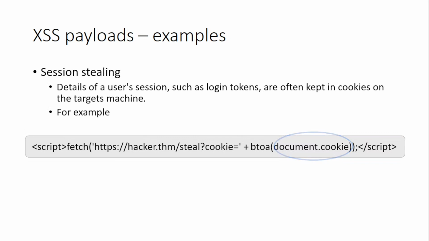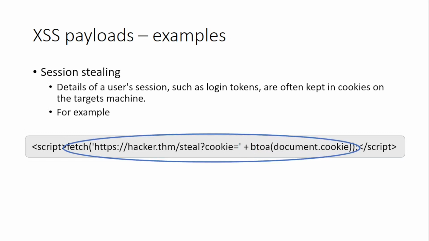Then we put it into the function btoa, which will encode the cookie into base64. Then this base64 value of the cookie will be appended or concatenated to the URL and then sent as a request with the fetch function.